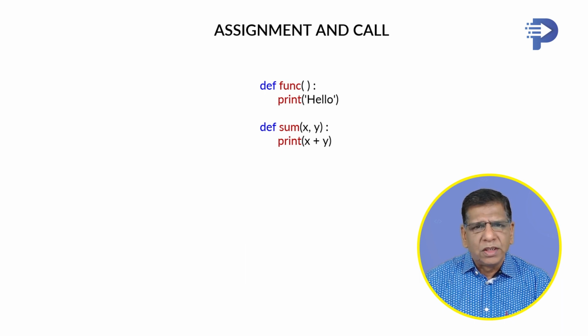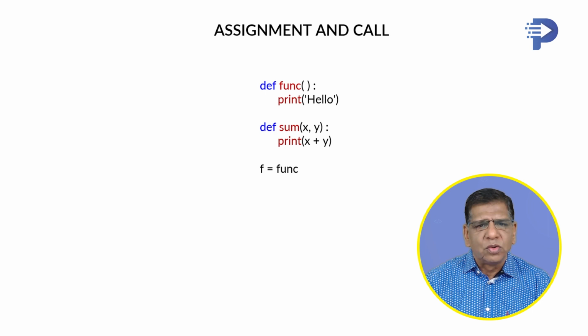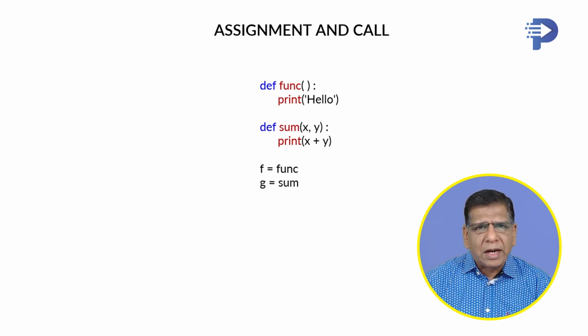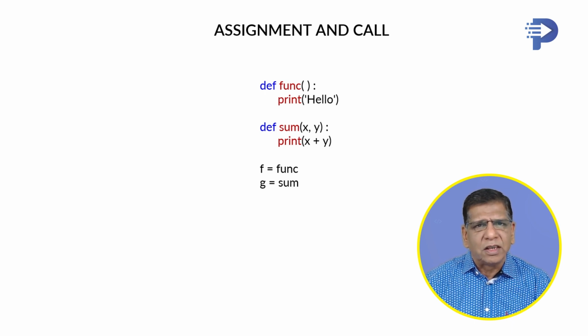What we would do is we would propose to call these functions, but before we do that, we will assign these functions to variables. So we will say f equal to func, similarly g equal to sum. And having done this, we said that it is possible to even call a function using the variables. What we have achieved so far is the assignment.